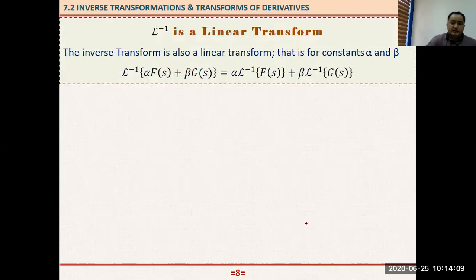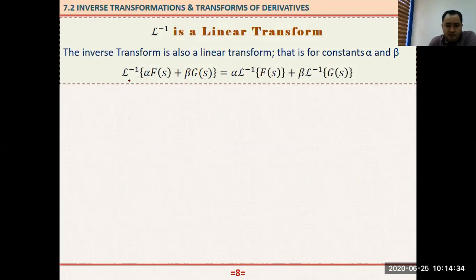Some examples. Also, the inverse of the Laplace transform is a linear transform, similar to the Laplace transform. That means that the inverse Laplace transform of alpha times f plus beta times g is the same as the linear combination of their inverses.